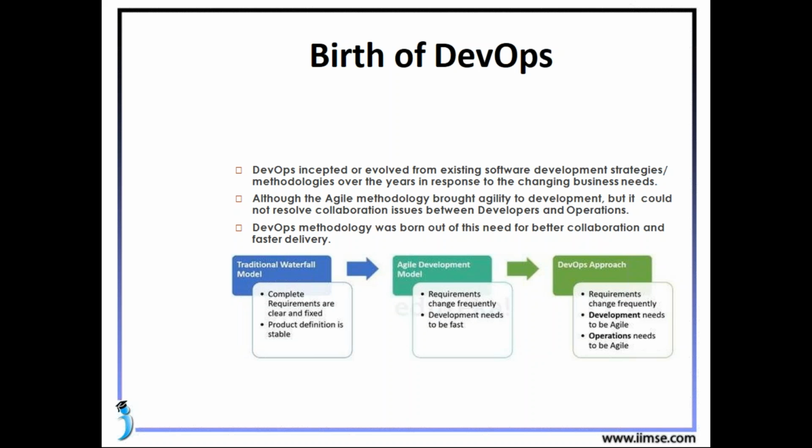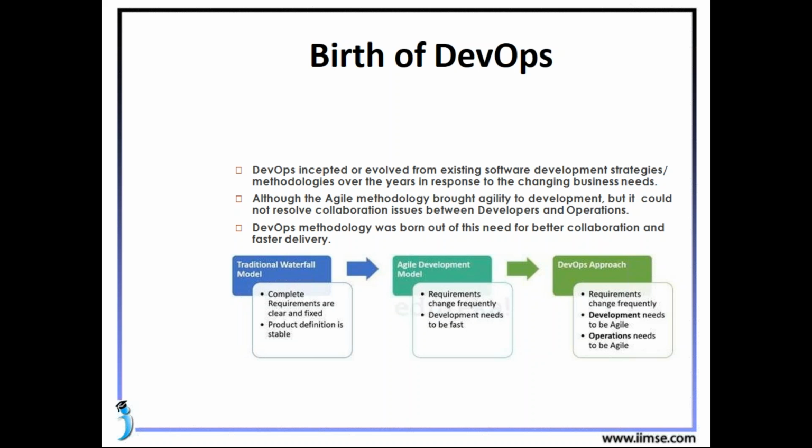as a process from the traditional waterfall model, then it became the agile development model, and then the DevOps approach came. Because in the agile development model, software development was addressed well, but the operations, the systems, uptime and all, were not addressed by that kind of approach.